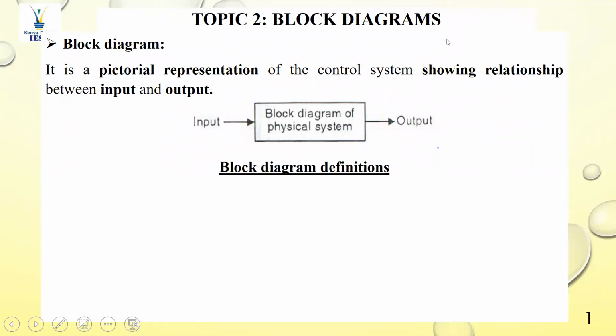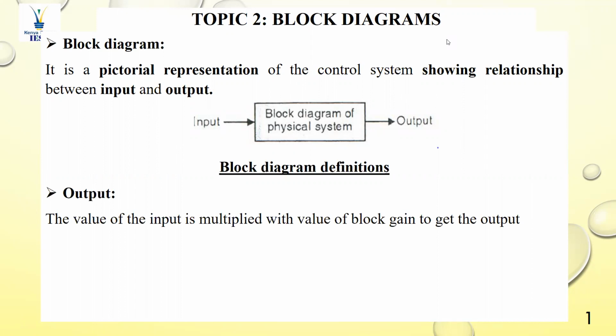Moving on, we have some block diagram definitions. The first one is the output. The output is the value of the input multiplied by the value of the block gain. We have the input and then we have the output.